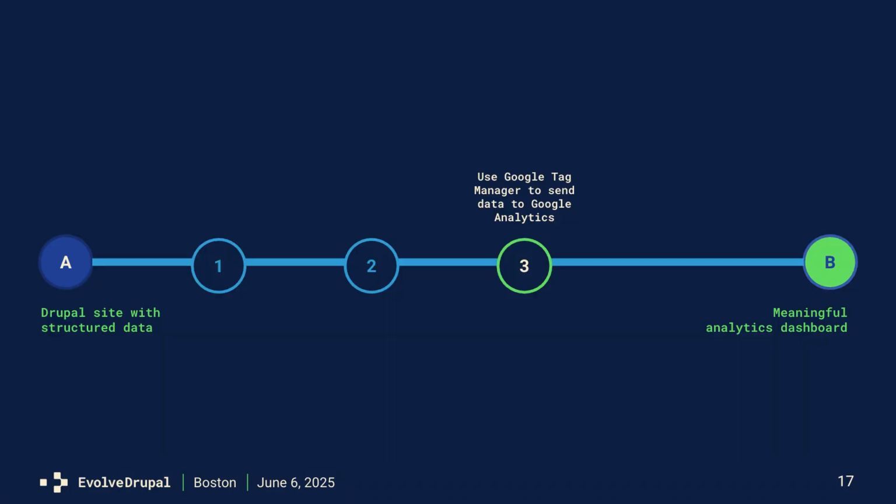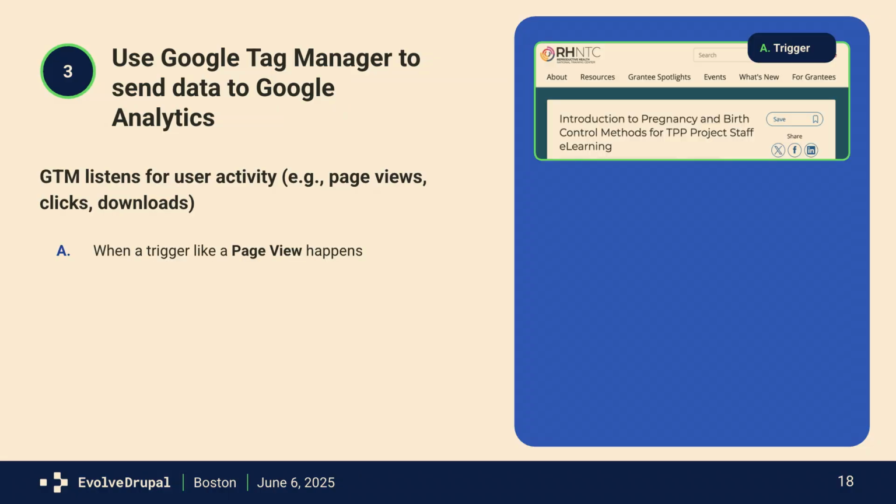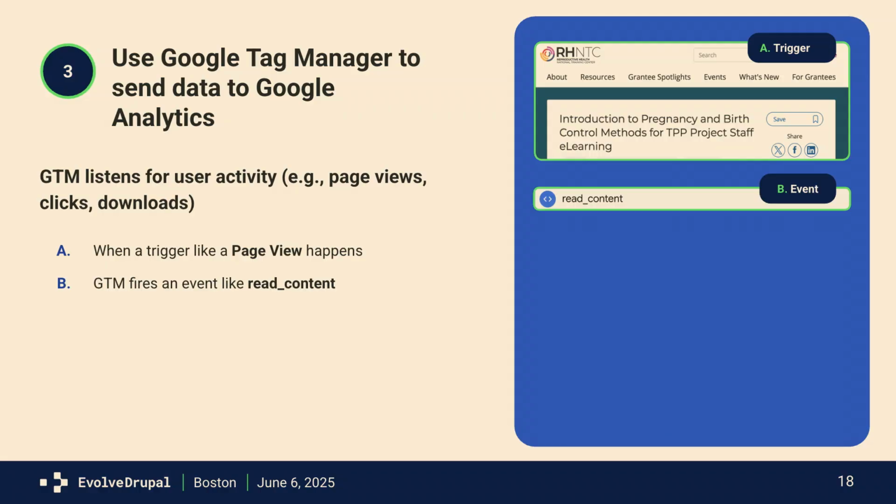So then we use Google Tag Manager to send the data to Google Analytics. So Google Tag Manager listens for user activity, right? So page views, clicks, downloads. And then a trigger, right, like a page view happens. So this is like the end user, they visited this resource, right?